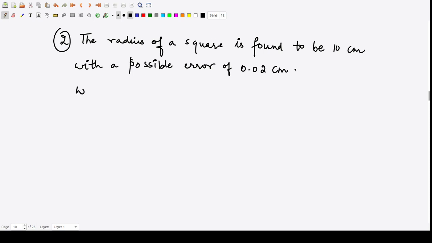So what is the relative error in computing the volume?